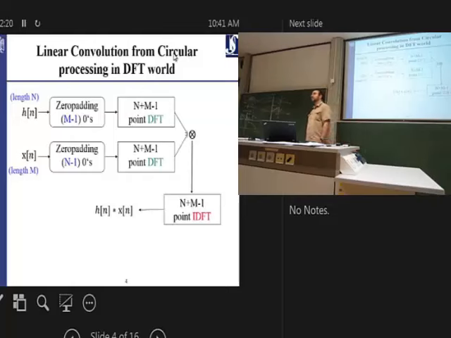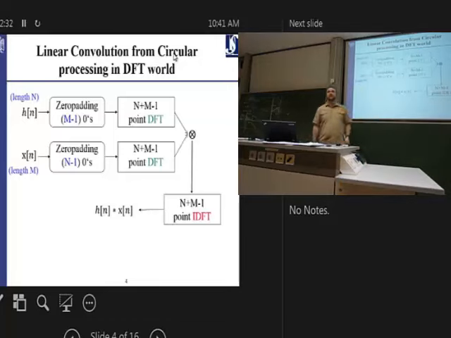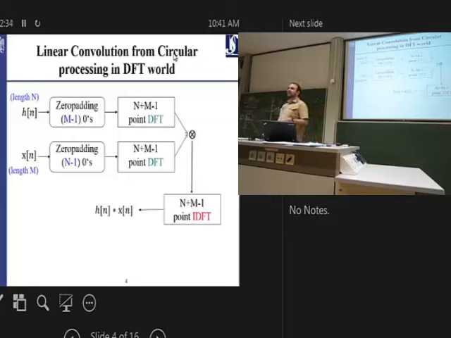We do the inverse of the DFT with the same window size, and what we get is a linear convolution between h of n and x of n. So even though MATLAB is just working in the DFT domain, with circular convolution, we are able to get the linear convolution of these two signals with different sizes.